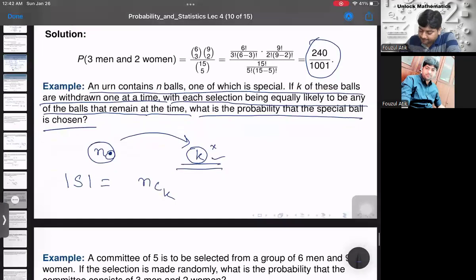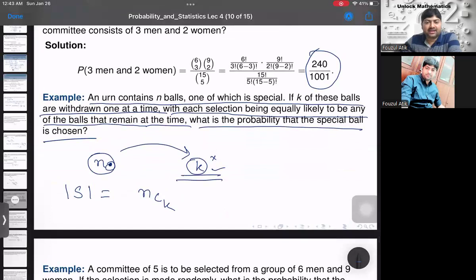Now, what is the number of cases where this special ball is already selected? How many such ways are possible? See, if you consider the case where the special ball is already selected, then how many balls are remaining in the urn? n minus 1 balls, right? Because the special ball is already selected, there are n minus 1 balls in the urn, and among this k also this special ball is selected.